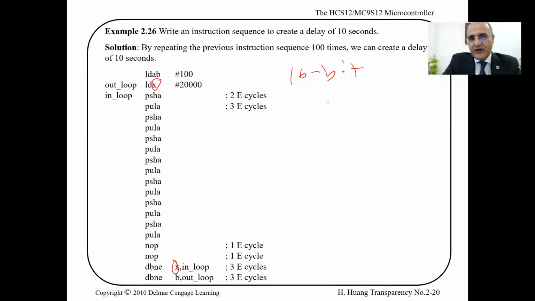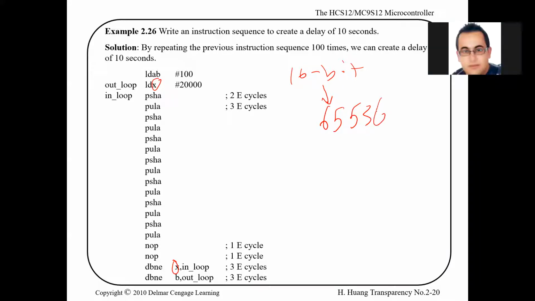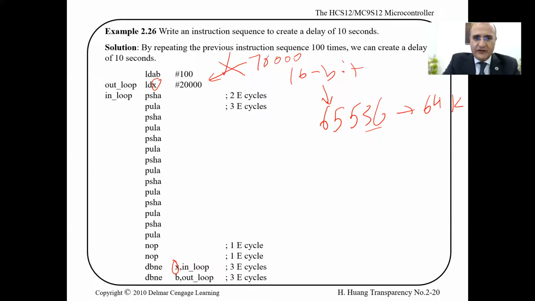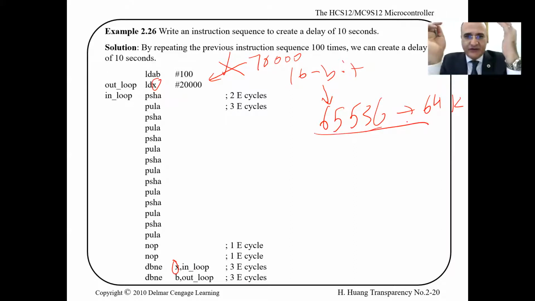The maximum number you can store in it is 65,536, something close, 64K. You cannot put 70,000 in X. It will not hold it. The biggest number is 65,500 something.